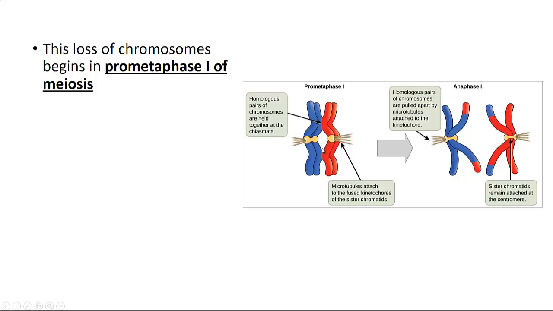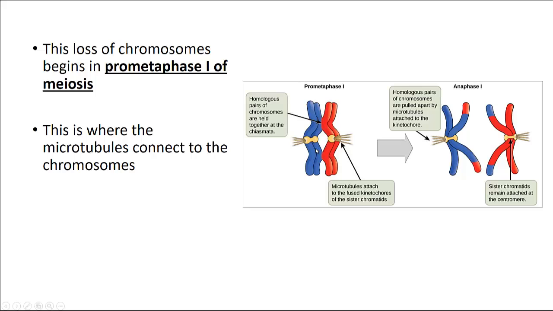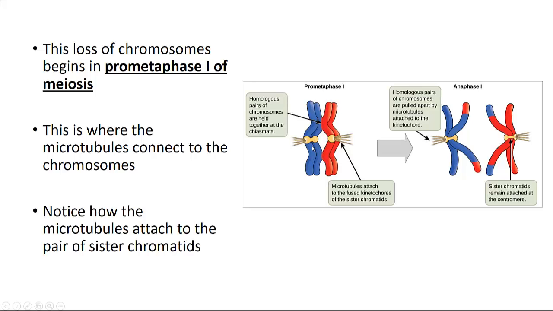What's different here is the microtubules don't connect at the exact same place that they connected before. They connect in a slightly different location to the kinetochores that are fused together between each of these sister chromatids, as opposed to each side of the sister chromatid.